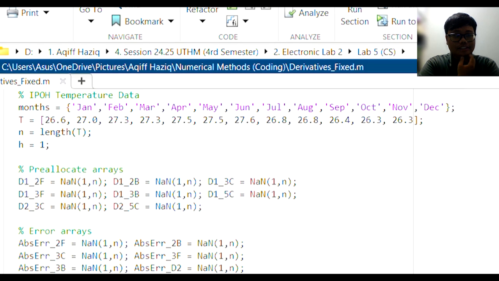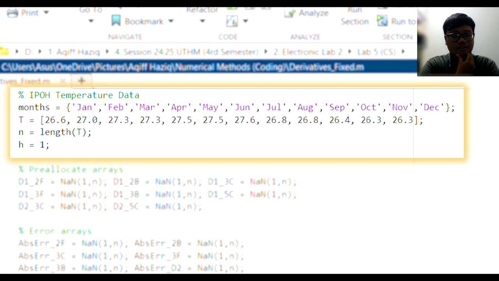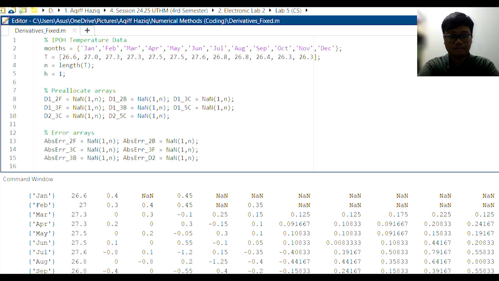So, the initialization and data input: this section clears the workspace and defines the data input. The array T stores the average monthly temperature for Ipoh, and months holds the corresponding month names. The variable N stores the number of data points, which is the months, and H equal to 1 indicates equal time spacing between data points.